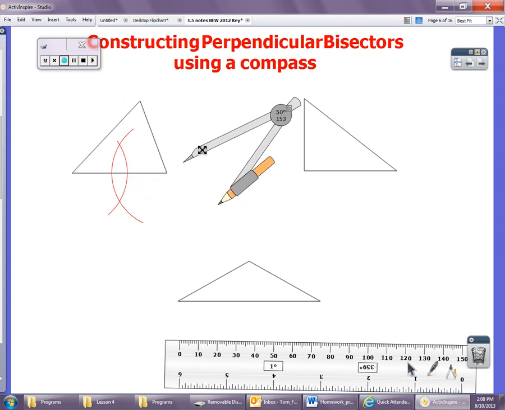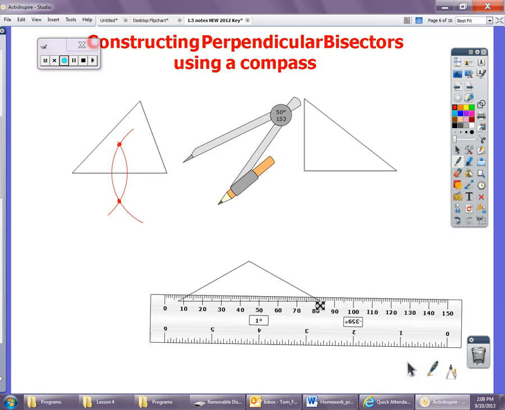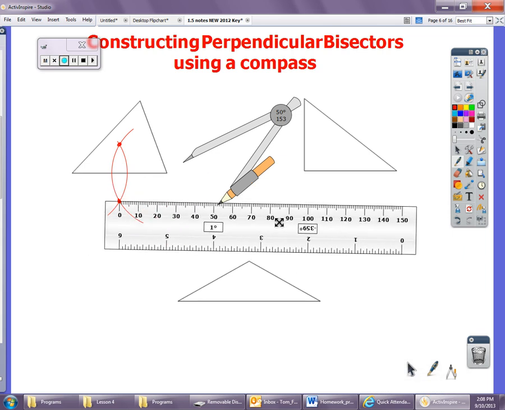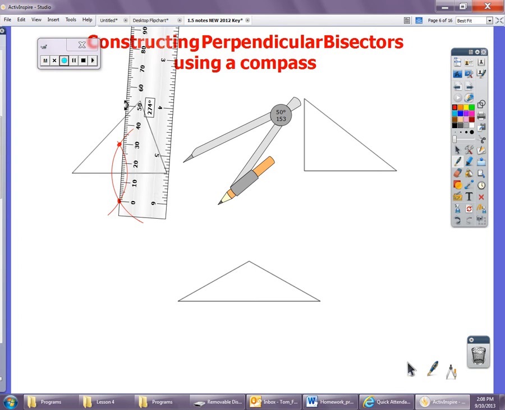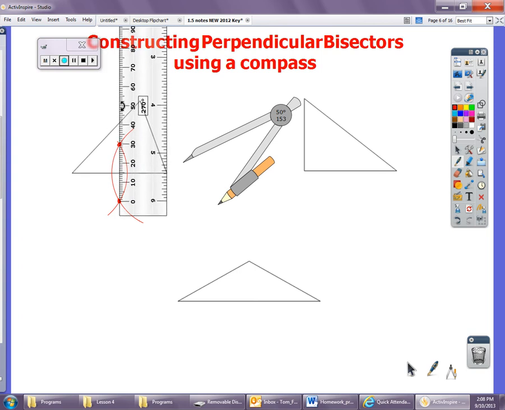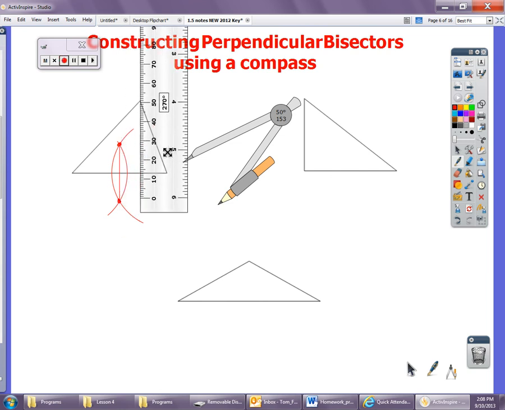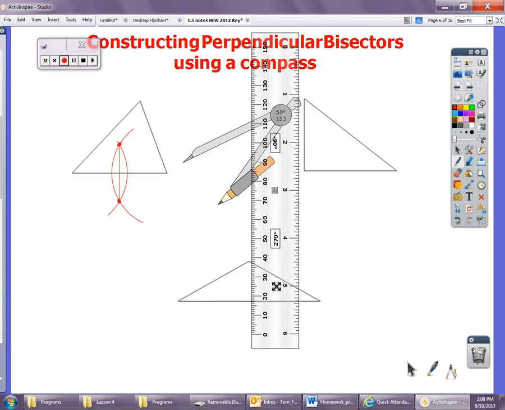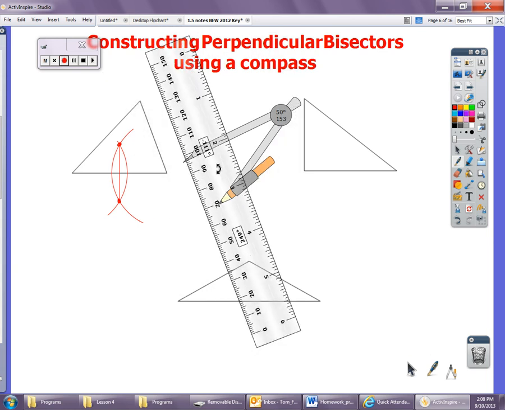So what happens here is I have my 2 points, and then we can draw a straight line going through these. I connected that. Actually, I should draw it farther.